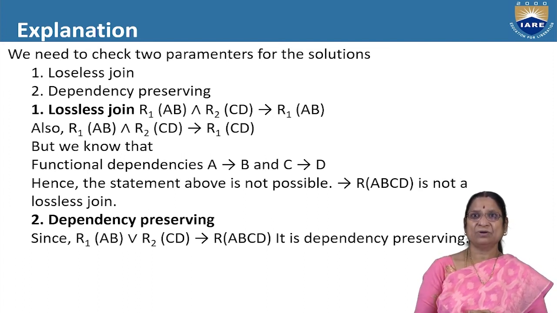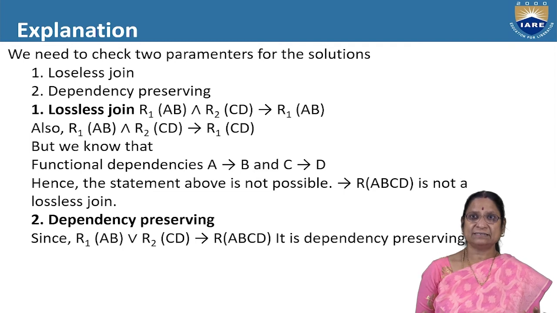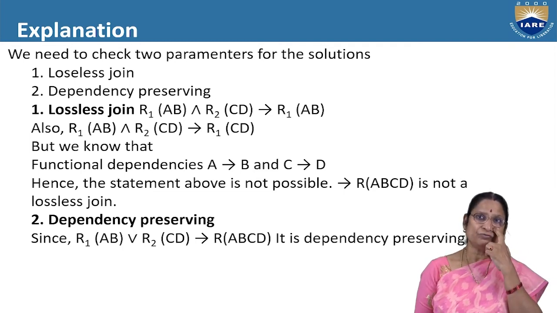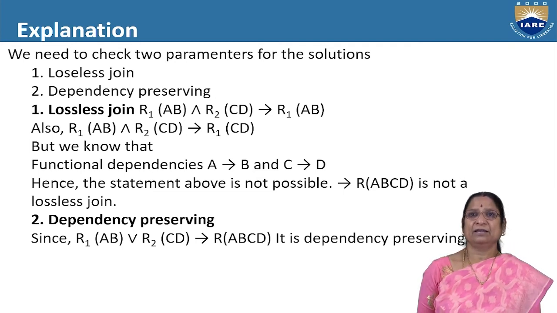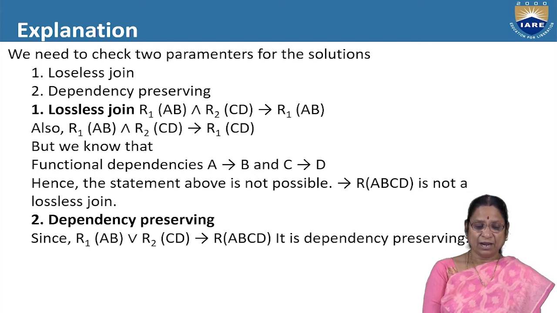Here R1 is AB and R2 is CD, and the intersection of these two is null. So the intersection does not determine R1 of AB or R1 of CD.